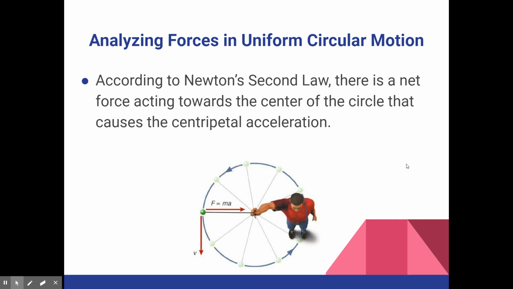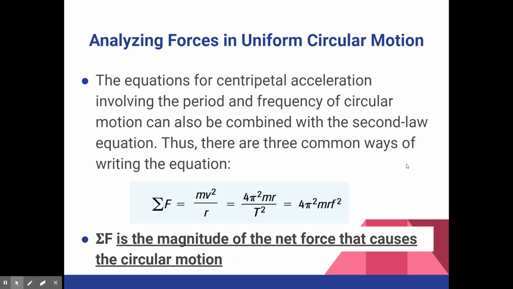So in this case, if we have acceleration, we have to have somehow force on the other side of that. And what we can derive out of this, using basically the centripetal acceleration equation and then merging it with just a simple force equation: force is equal to mass times acceleration.